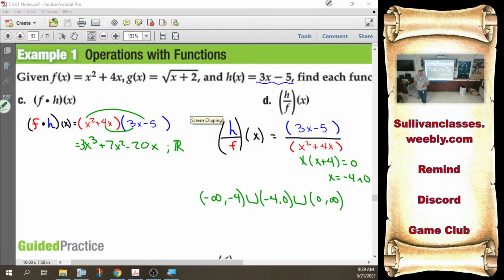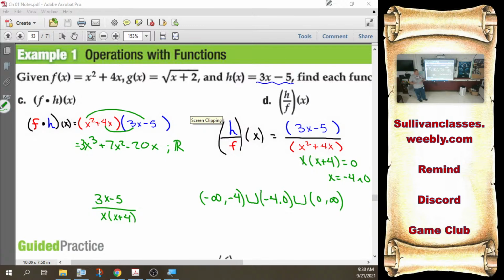What do you mean solve that? Can you simplify that? Okay, every time I run into a rational expression, I need to see, is there a way that I could simplify this? If I had 3x minus 5 over x and x plus 4, is there any way that I can simplify that?